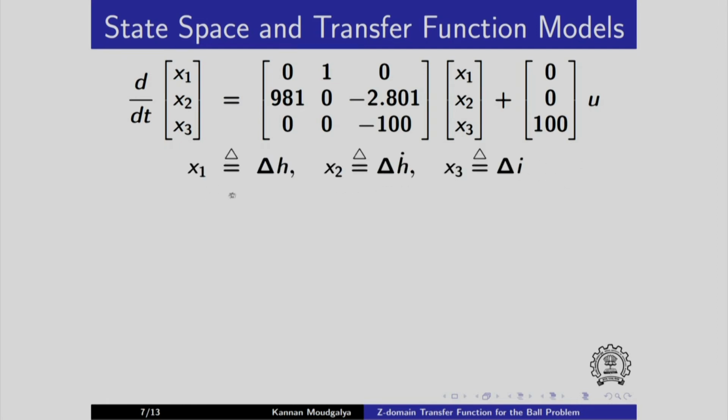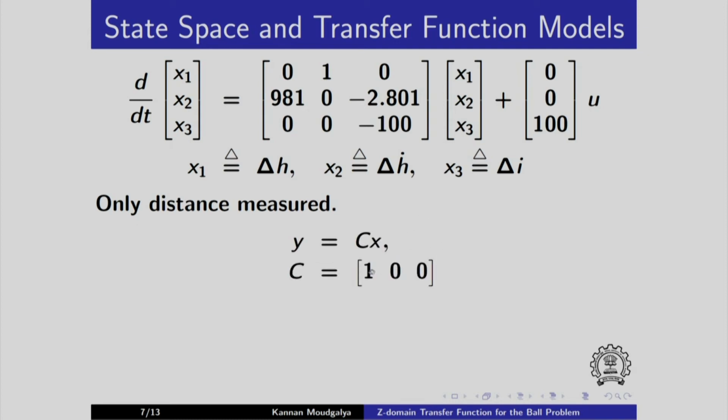Recall this x1 denotes the position in deviation variable, and that is the only variable we propose to measure. As a result, if I write y as Cx, C will be equal to 1 0 0. This 1 will correspond to x1, which is the position variable.